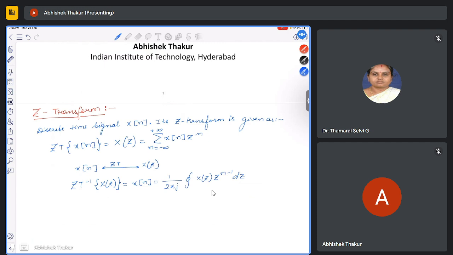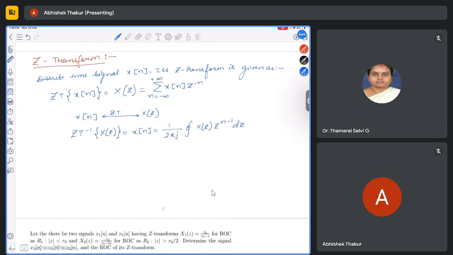And now, we will see the region of convergence. The Z transform is guaranteed to converge if x[n] times r to the power of minus n is absolutely summable.